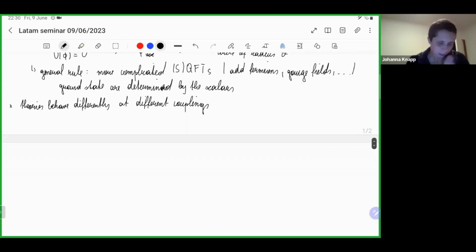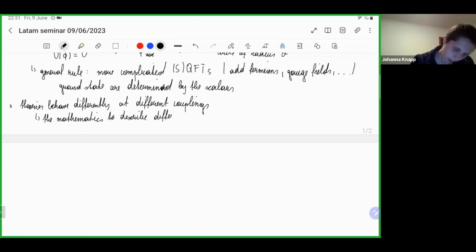All right, so I just want to say that the theories, not surprisingly, think about confinement and running couplings. The low energy behavior of a theory can very strongly depend on the value of the coupling constants or the parameters of the theory. And actually also the mathematics to describe, I will already call it different branches, depending on different values of the coupling is different.